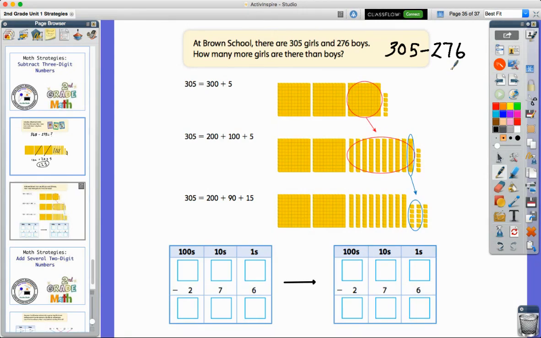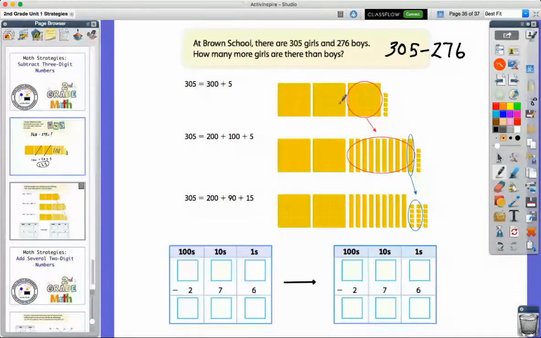Now, if we think about our base 10 blocks, let's look at what they've drawn here. They've got the 3 hundreds and then 5 ones. There are no tens in our original number of girls, 305. But I see that I'm having to take away some ones and some tens, and I'm not going to have enough. So what do we do? They show you how to break apart a group of 100 into some more tens.